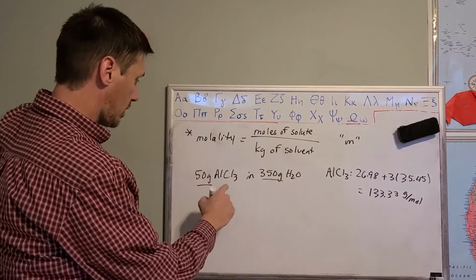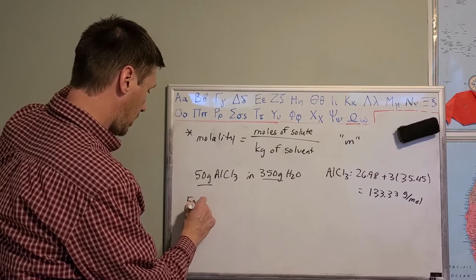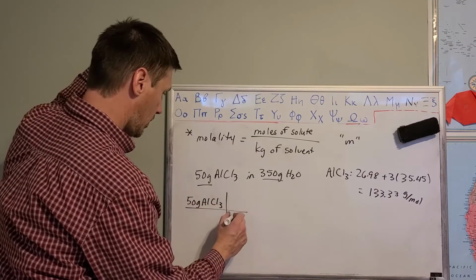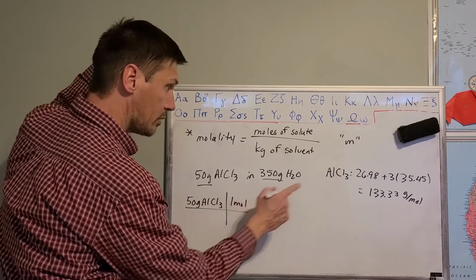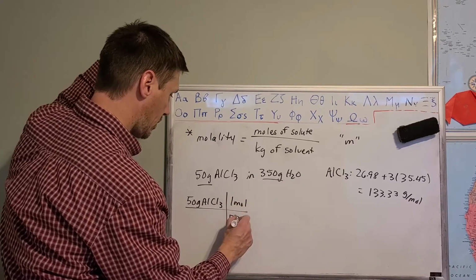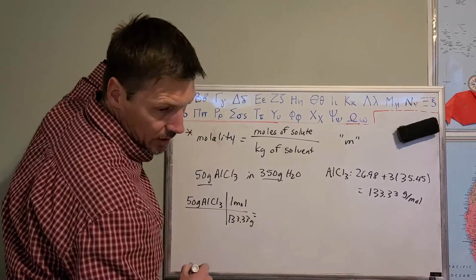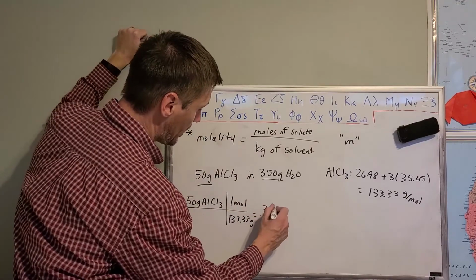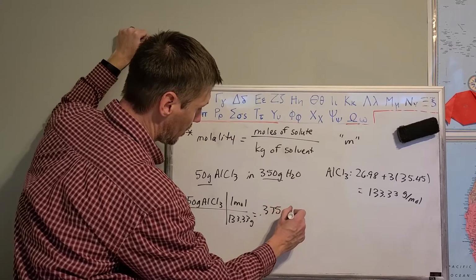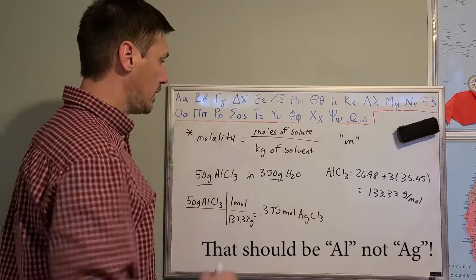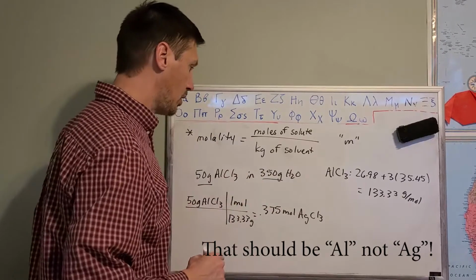So that's what we're going to use to convert 50 grams of AlCl3. We know that 1 mole of that is equal to 133.33 grams. So when we punch that in our calculator, that gives us 0.375 moles of AlCl3.